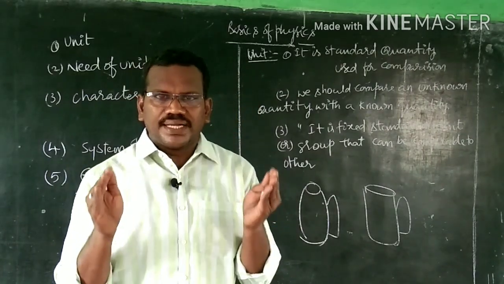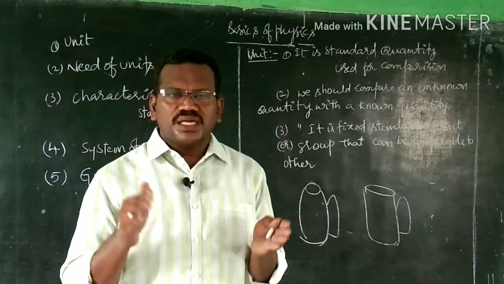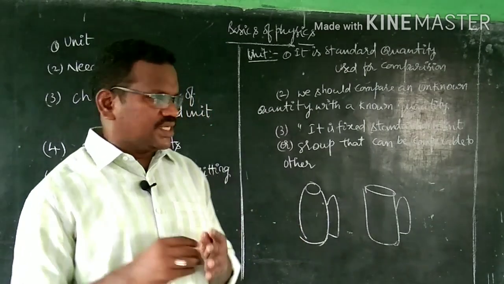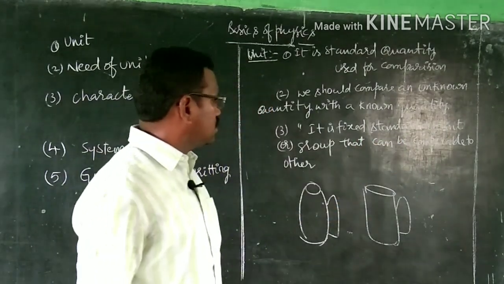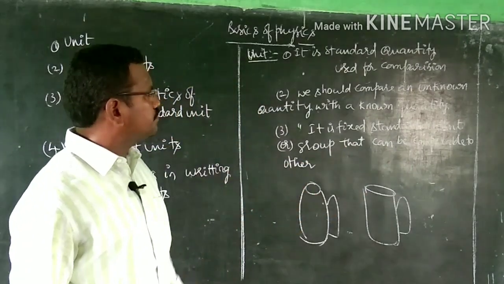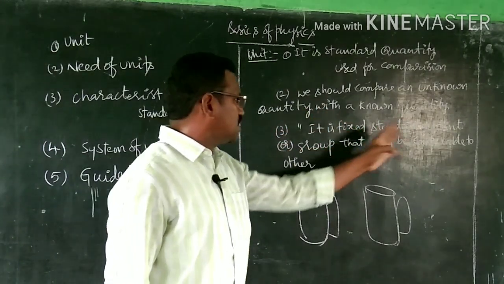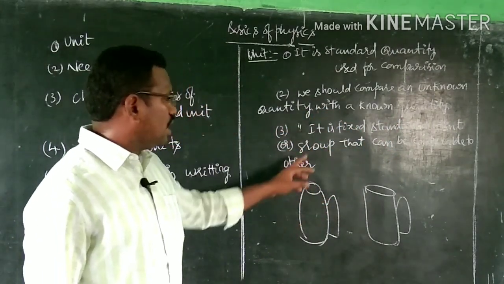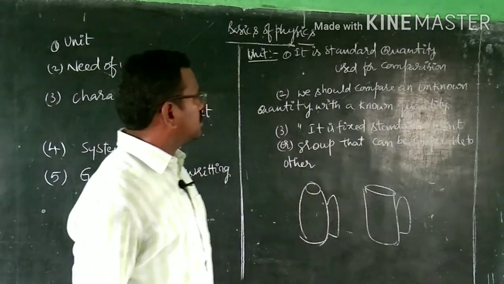Here a particular standard unit they are utilizing. So the definition of unit is: it is the fixed standard amount, or the total group, that can be comparable to the other.